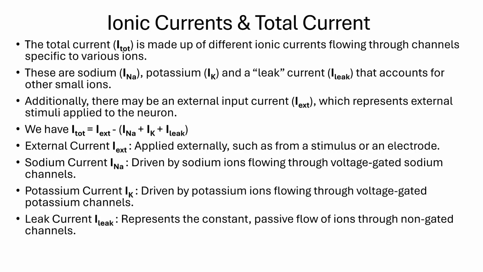Additionally, there may be an external input current which represents external stimuli applied to the neuron. So we have that the total current is equal to the externally applied current minus the summation of the three ionic currents.